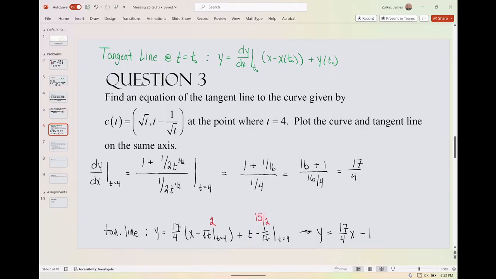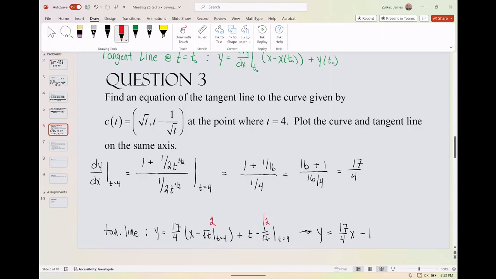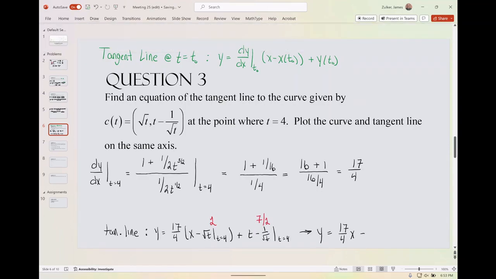All right, 4 minus a half. No, that's not 15 halves. That's 7 halves, isn't it? Ooh, my mental math is not good today. So 17 halves minus 7, or plus 7 halves, is negative 10 halves. So minus 5. That's our tangent line.